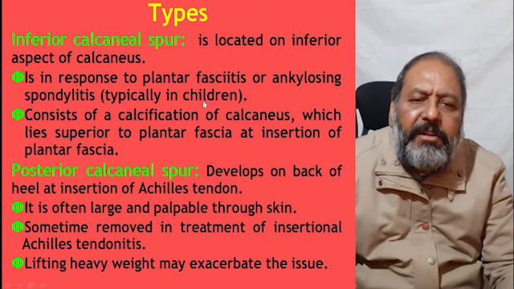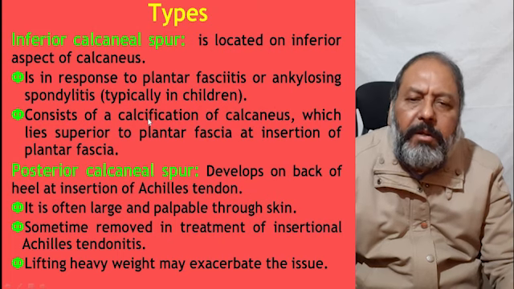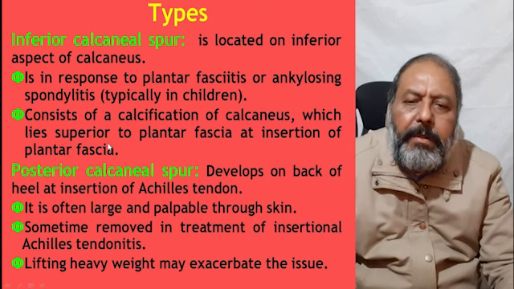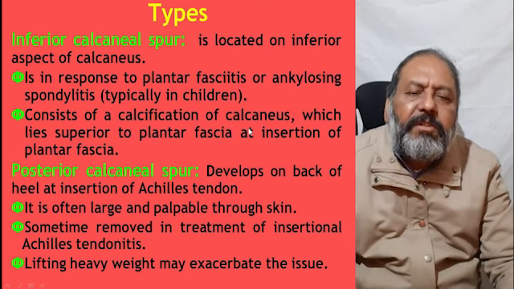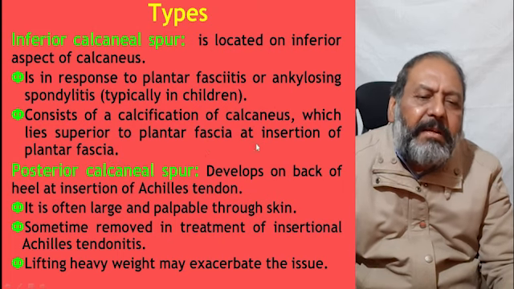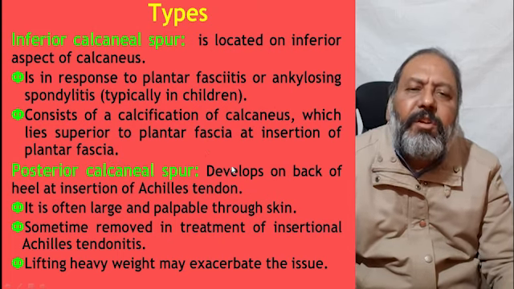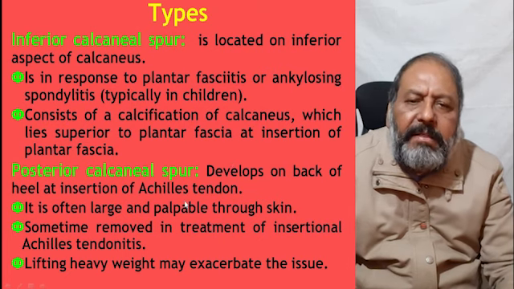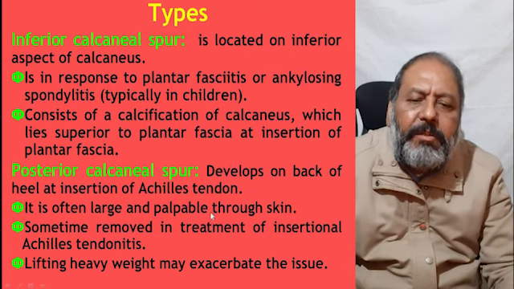Typically in children, these are responsible for inferior calcaneus spur. It consists of the calcification of the calcaneus, which lies superior to the plantar fascia at the insertion of the plantar fascia, that is the inferior calcaneus spur.